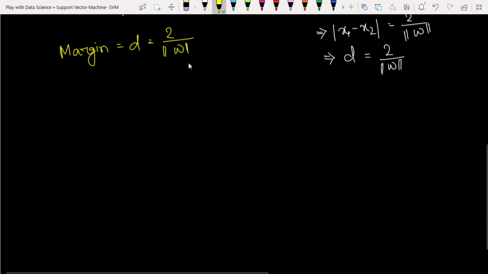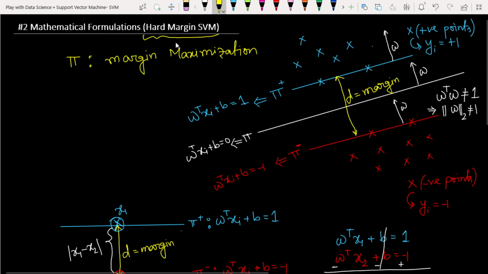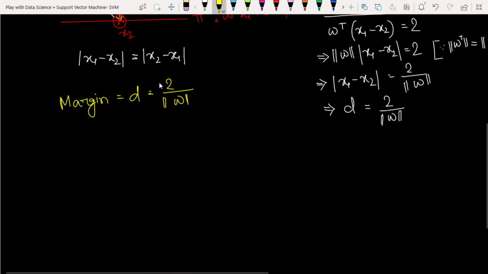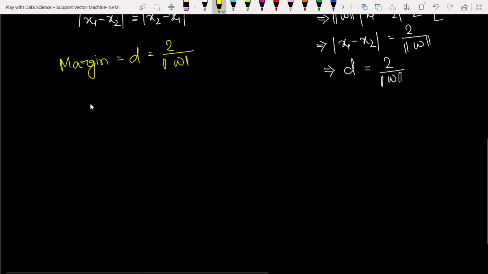Now what will our optimization equation be? We are interested in maximizing our margin, so we are interested in maximizing this D value. So what will our main equation be?